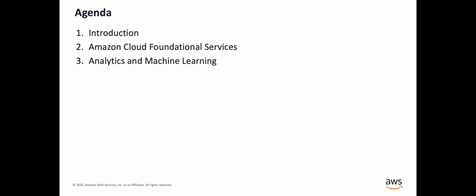Then I will touch very quickly on some analytics and machine learning portfolio, because there are many products and services, but I'll highlight a few important ones. If you happen to have a conversation with someone working on cloud technology, regardless of whether it is Amazon, Google, or Microsoft, they are all basically the same thing.